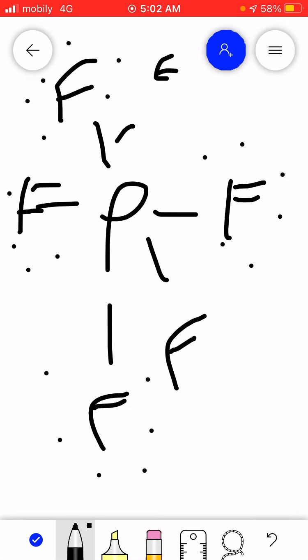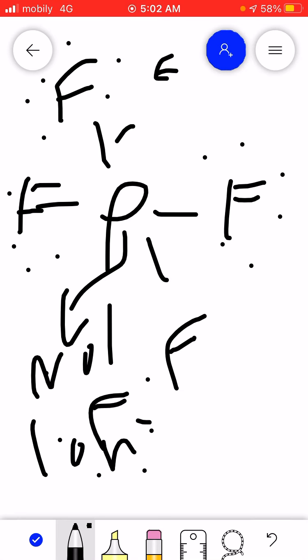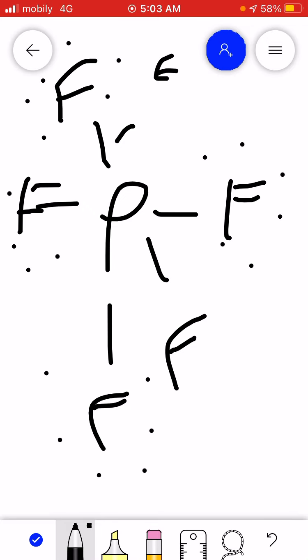That's why it does not contain any lone pairs. No lone pairs, this means nonpolar. We're going to go into that later on, not now. So just know these for now, the VSEPR models.